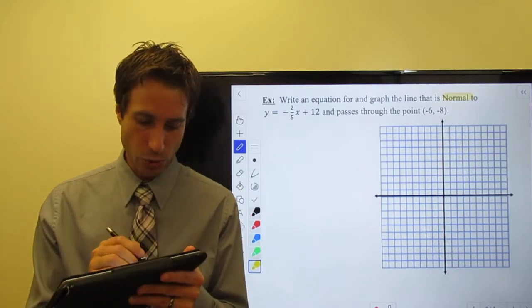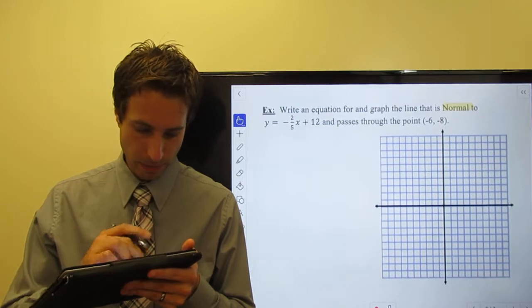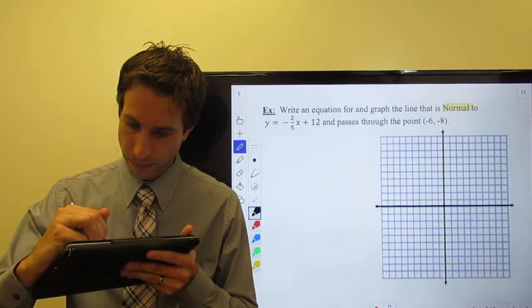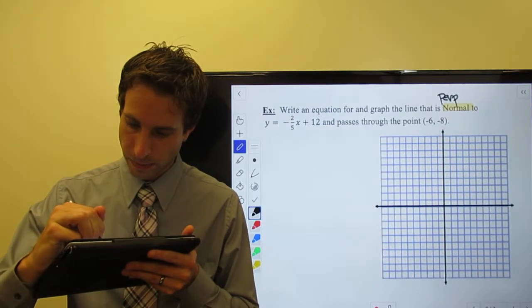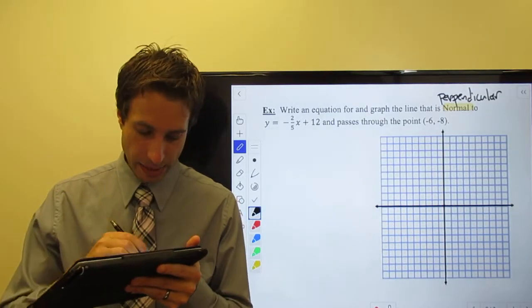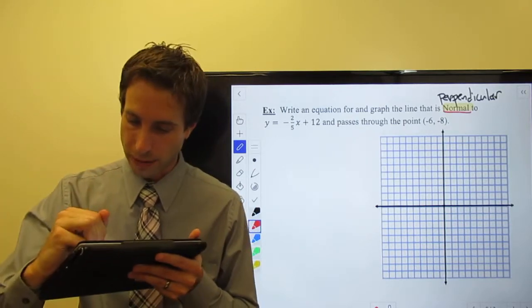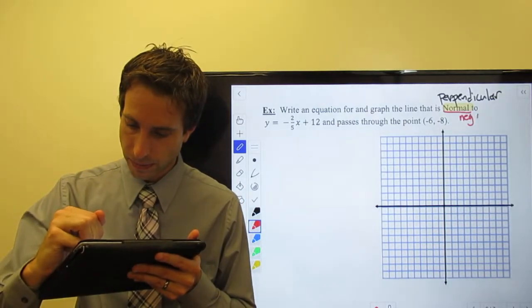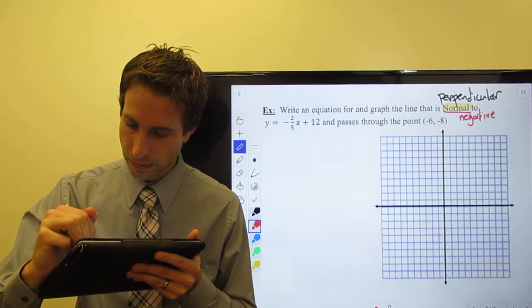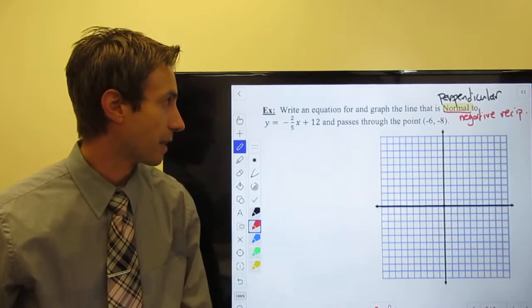So normal simply means perpendicular. And perpendicular tells me negative reciprocal, negative recip for short because it wasn't going to fit.